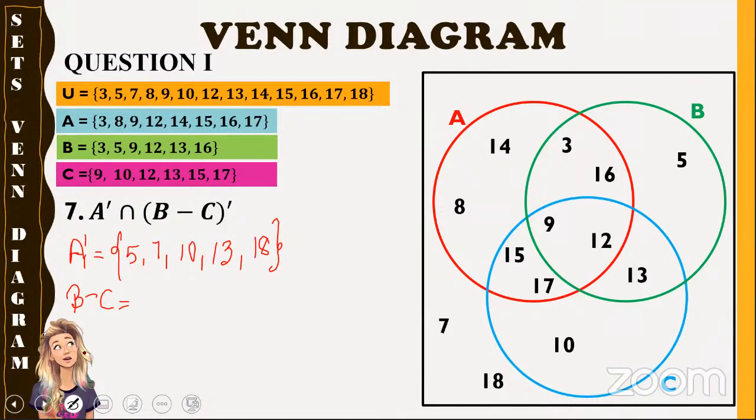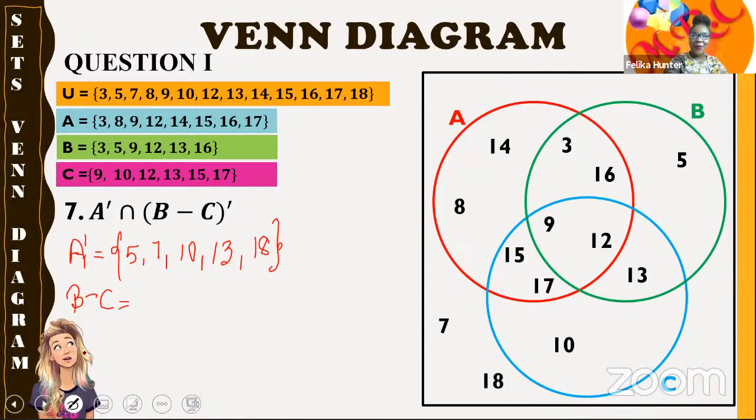All right. Rihanna, would you like to pick up for me? Miss, could you explain to me what B minus C is? Miss, take away everything from B that is in C. Turn it around.